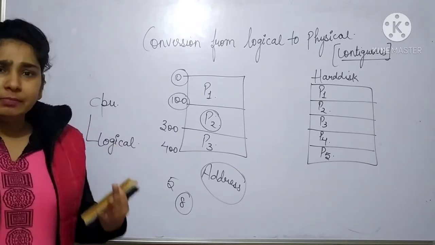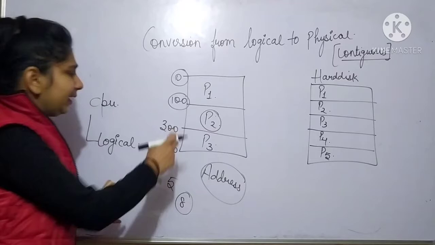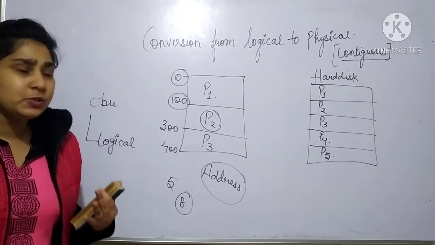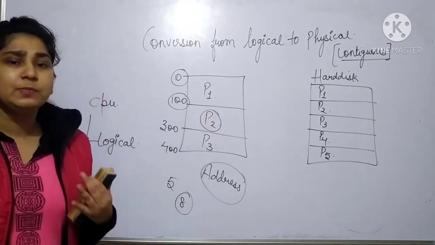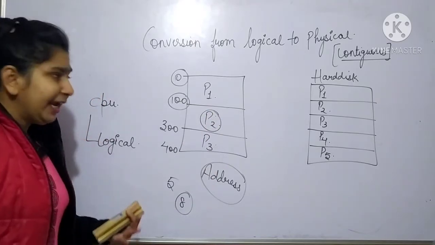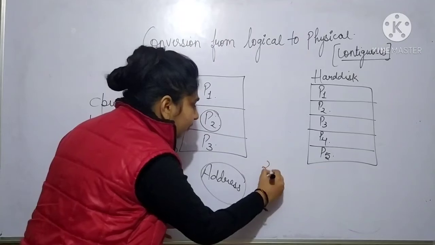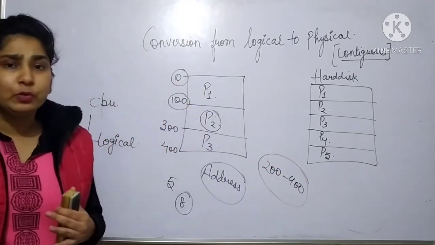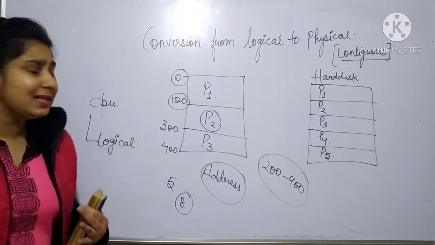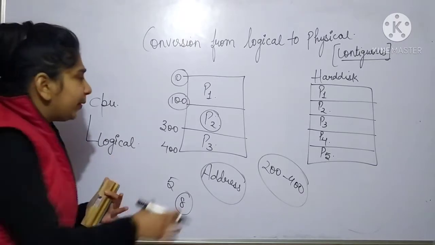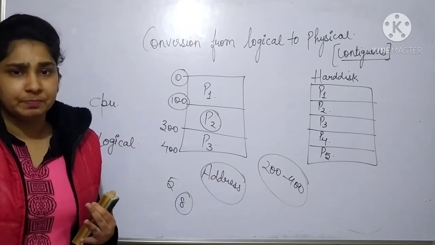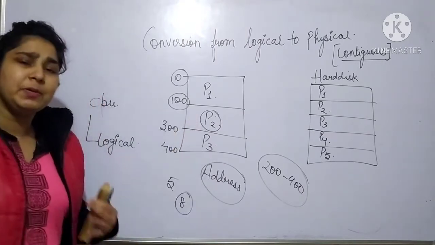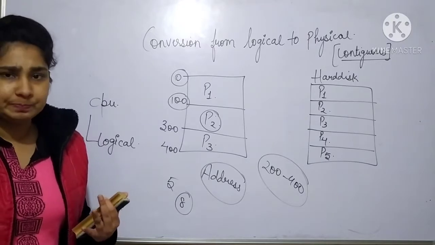This time your process P2 is stored in the range 100 to 300, and next time it might range from 200 to 400. There is no fixed rule that your process is always stored at one particular location. At any point of time, your process may be stored at any location.